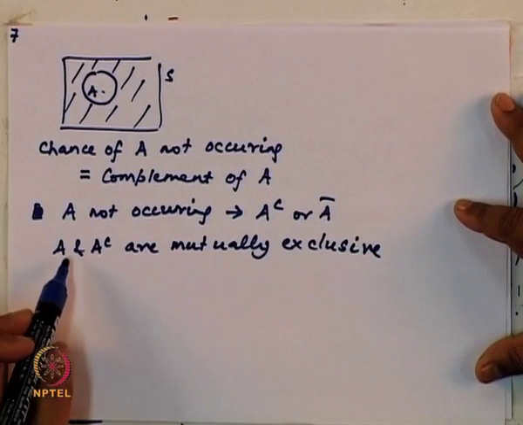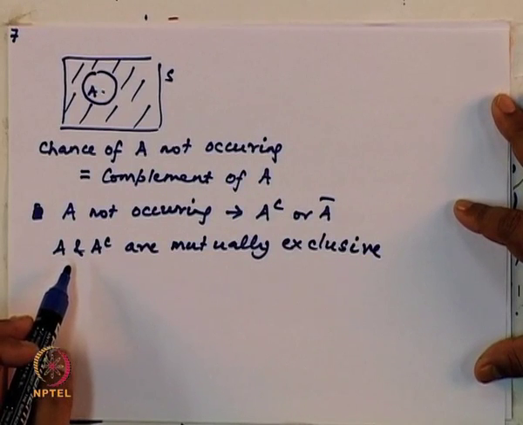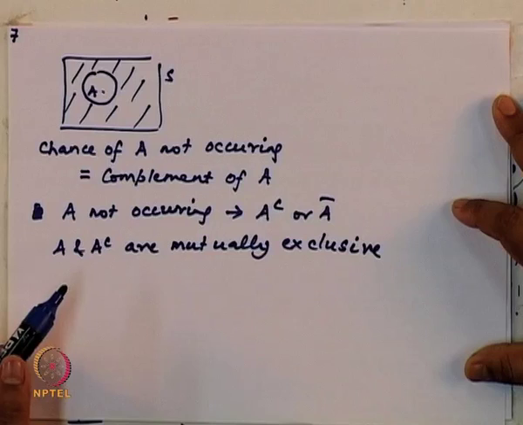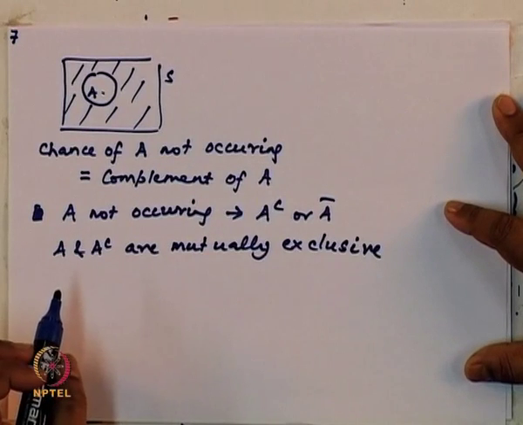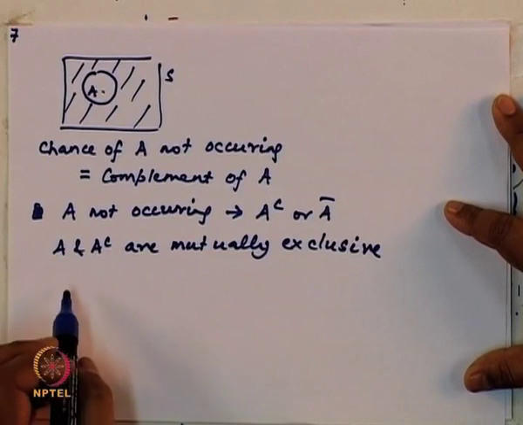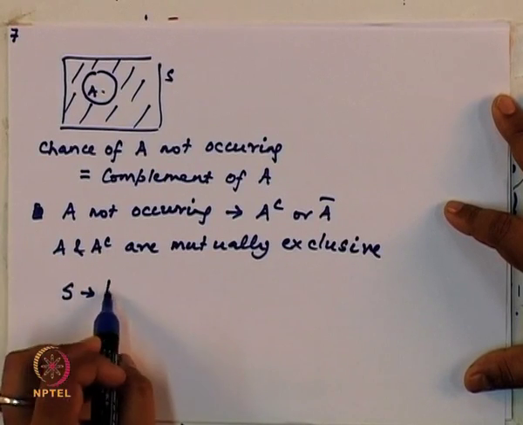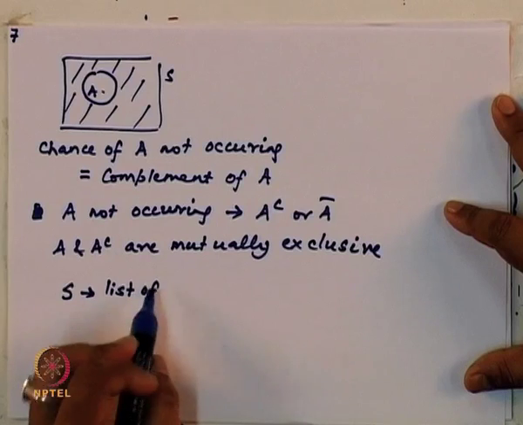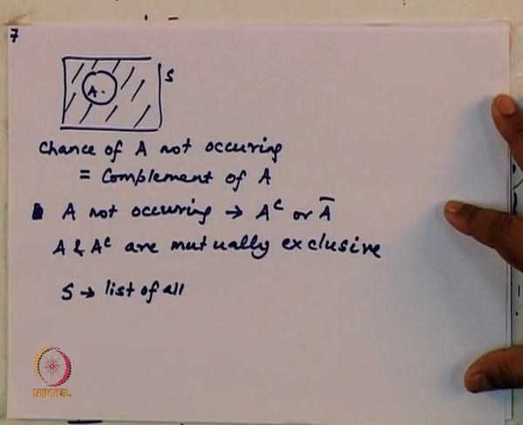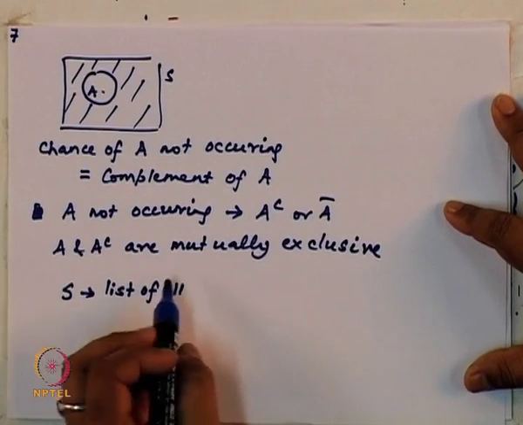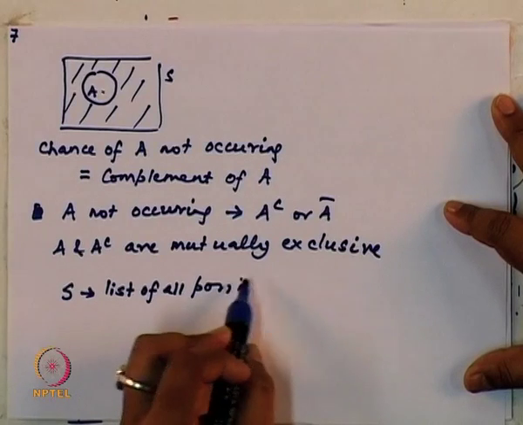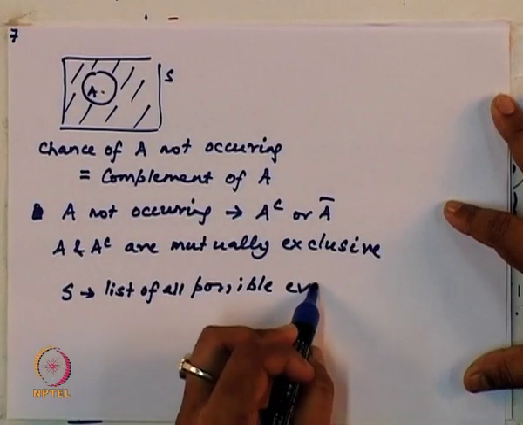Okay. A and A complement are mutually exclusive. So, logically speaking, what is the probability of a sample occurring? The sample is the list of all possible events.